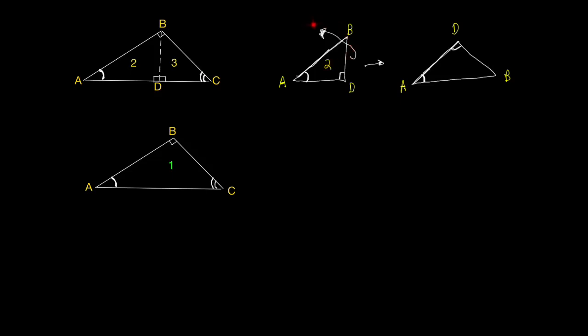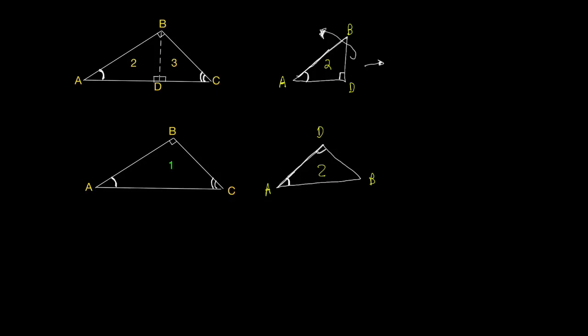Once I flip it over, we're going to have this version of the triangle, triangle ADB, with D being the 90-degree angle. So let's go ahead and graph this triangle and put it next to triangle 1, because now they are facing the same direction, or you can say they're in the same orientation.